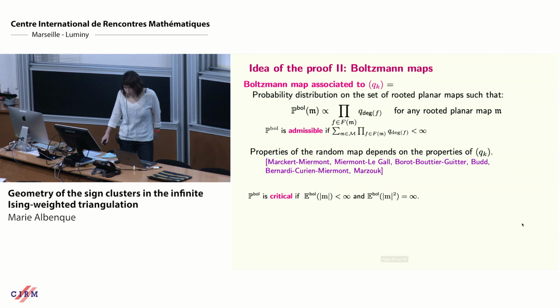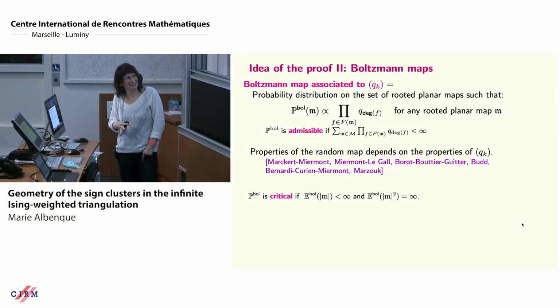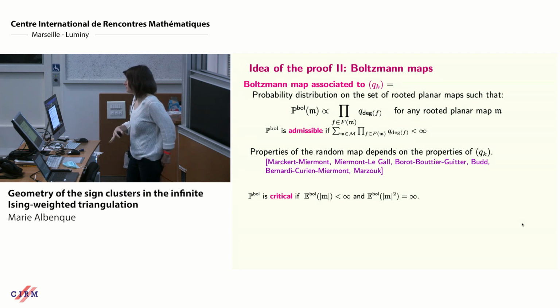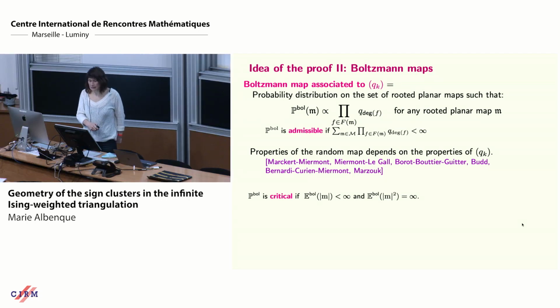Okay, so I told you that these maps have been studied quite a lot, and some of the possible behaviors are now fairly classified, and we can just try to decide in which case we are. I'm not going to give too many precise definitions, but we consider distributions which are critical, meaning that the expectation of the size is finite, but the variance of the size is infinite.